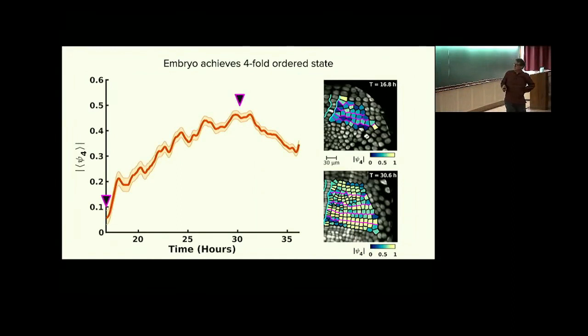So we measured this over time, and this is about 3 days after egg laying, measured over about 35 hours, and the psi4 order parameter grows from very small up to a fairly large number, above a half, almost 0.6. And it develops sequentially. You have precursor rows that form.